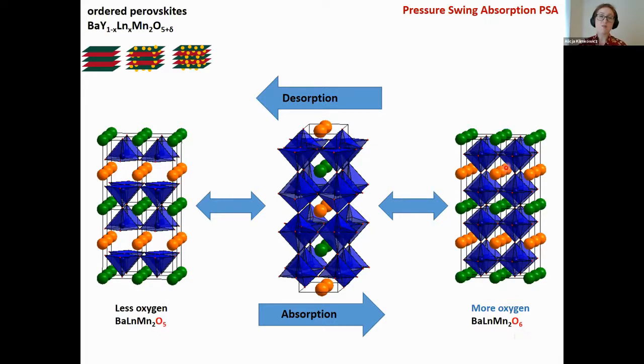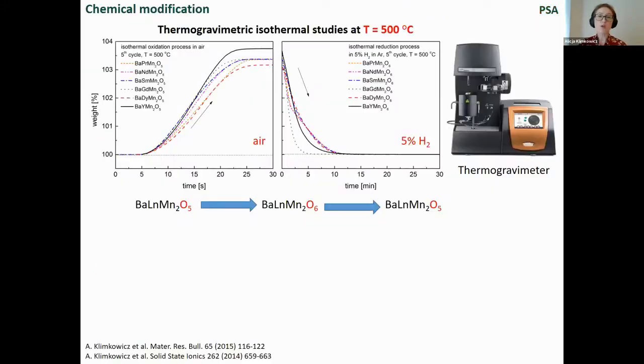What is important is that this process is reversible, and the framework of the material is preserved, as you can see here. So how does this material work in practice?